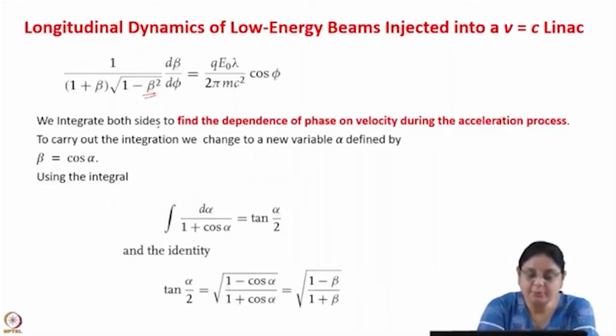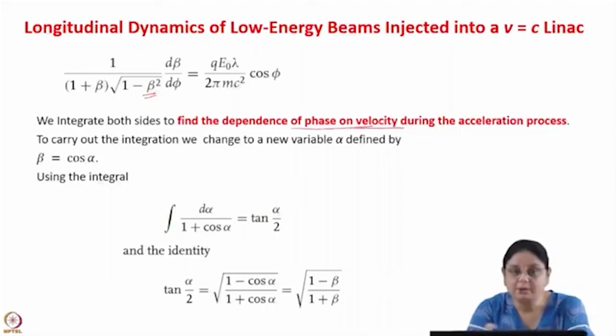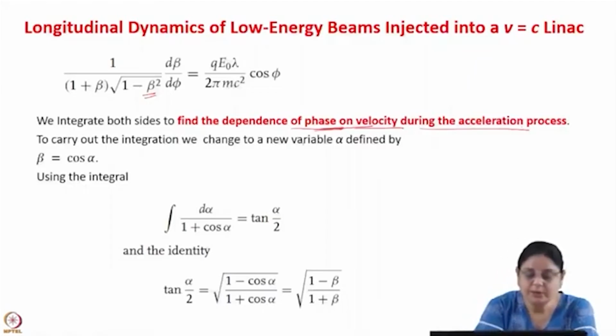Now we can integrate both sides to find the dependence of phase on velocity. Because this is a non-relativistic particle that is gaining energy, what happens to the phase? So we want to find the dependence of phase on velocity during the acceleration process. To carry out the integration, we introduce a new variable alpha, defined as beta equal to cos alpha.